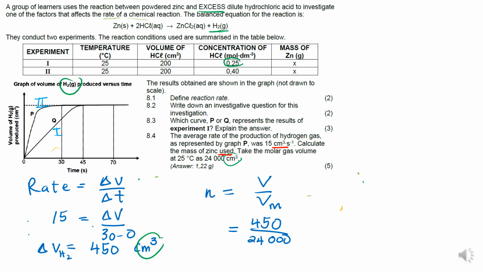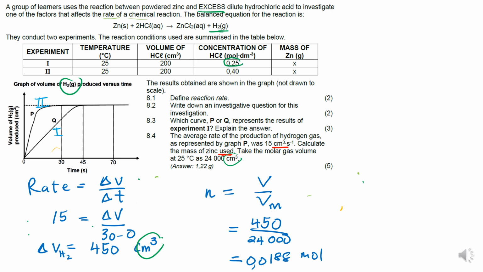So let's quickly calculate that. I get 0.0188 mole. That's the number of moles of the H2 that was formed.